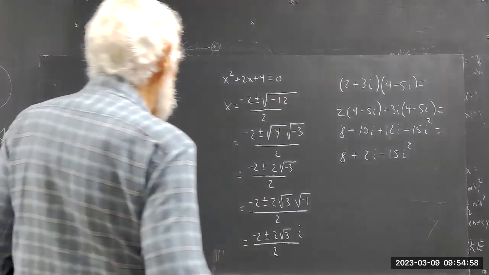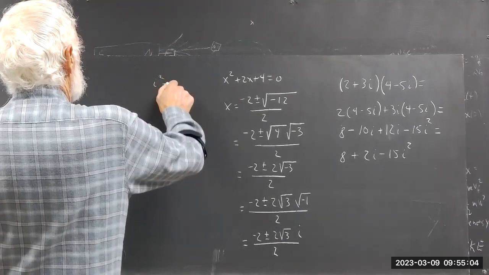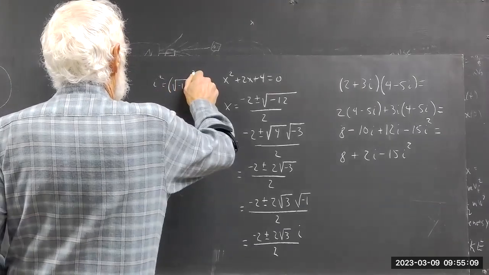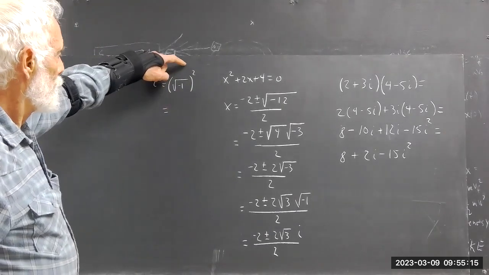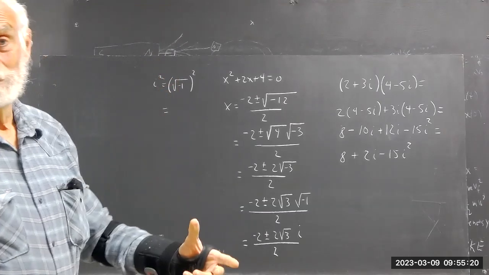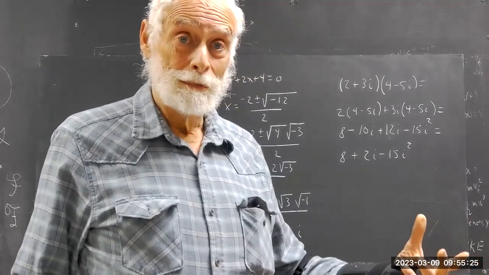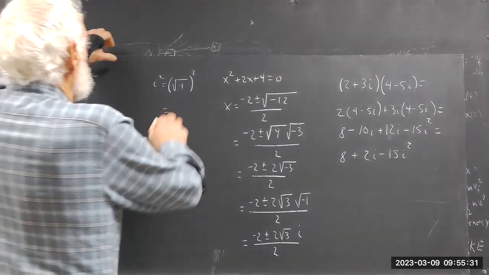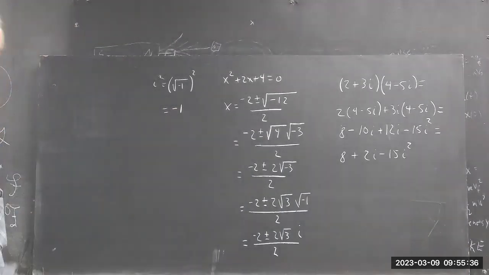Now, I ask people to write down what's i squared. Well, it's the square root of minus 1, squared, right? What do you get if you square the square root of a number? You get the number. The square of the square root of 25 is 25. The square root of 25 is 5, squared. If you square the square root of minus 1, you get minus 1.